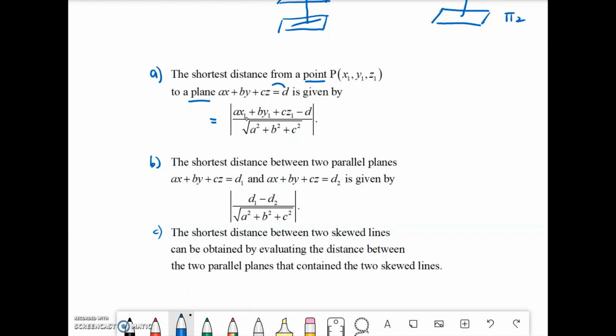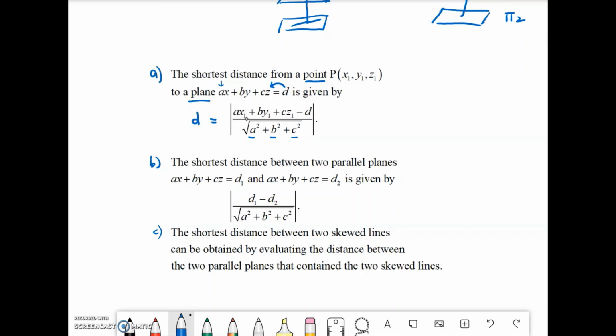So we bring d to the left hand side, divided by the square root of a square plus b square plus c square, where a, b and c are taken from the normal vector of the plane. So this is the formula to find the shortest distance, which we write as D, from a point to a plane.